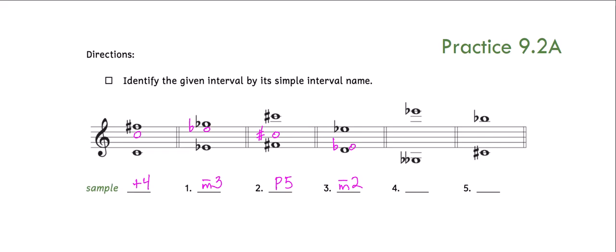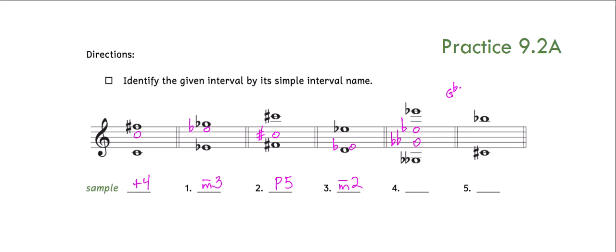Number 4, now this one's a big interval, so what I'm going to do is take this E flat on top and move it down an octave. And rather than moving it down one more octave, I'm going to take this G double flat on the bottom and move that up an octave. All right, so let's do this one step by step. We have a key of G flat major.